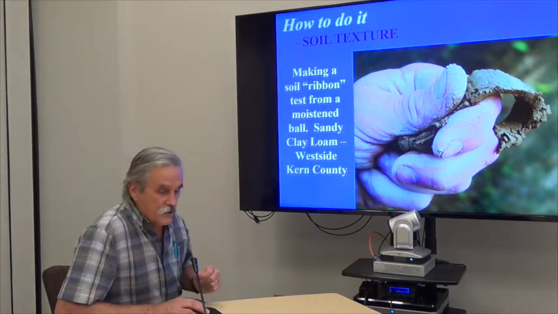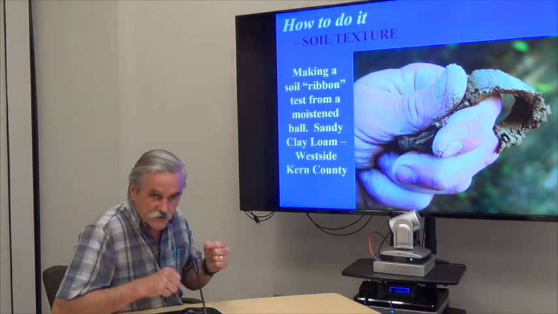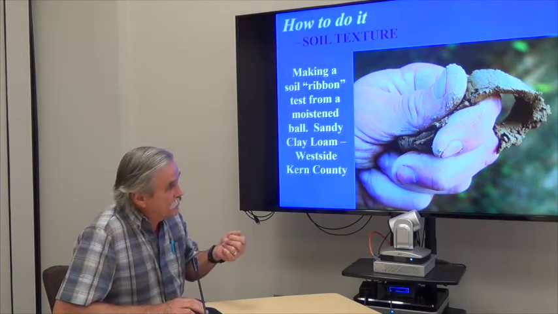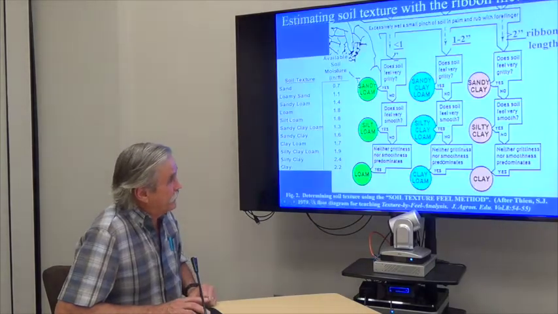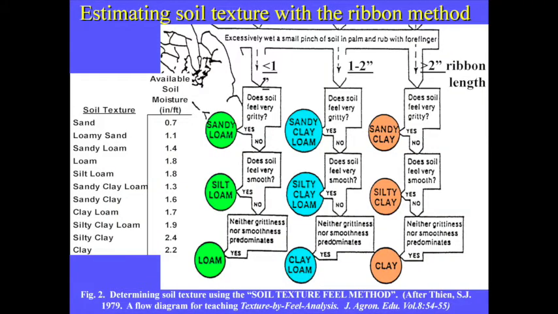But you can, with just a twist auger, pull up your sample, and you can come up with your own soil texture using this ribbon method. This chart is mounted to my website, and I believe Provost and Pritchard are providing those web links for your access later on.